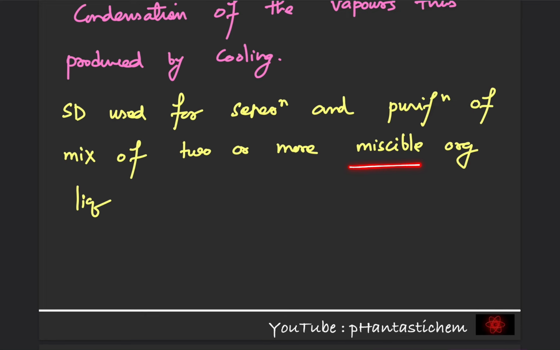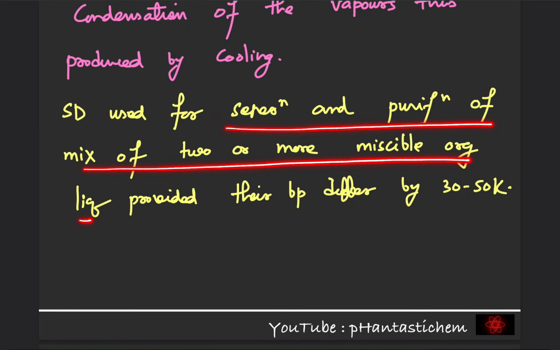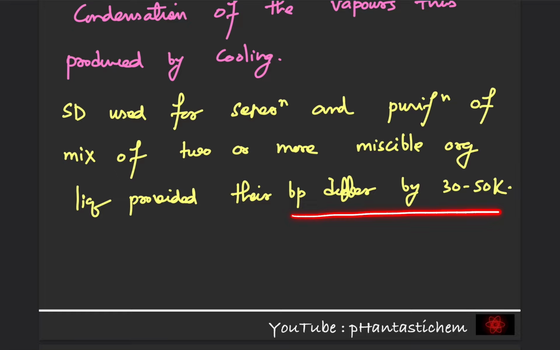The meaning of miscible is when both the liquids are becoming or forming a solution. So that is known as miscible. So miscible organic liquids, provided their boiling points differ by 30 to 50 Kelvin. This is a very important statement. That is, it is used for separation and purification of mixture of two or more miscible organic liquids, provided they have an appreciable difference in their boiling point.